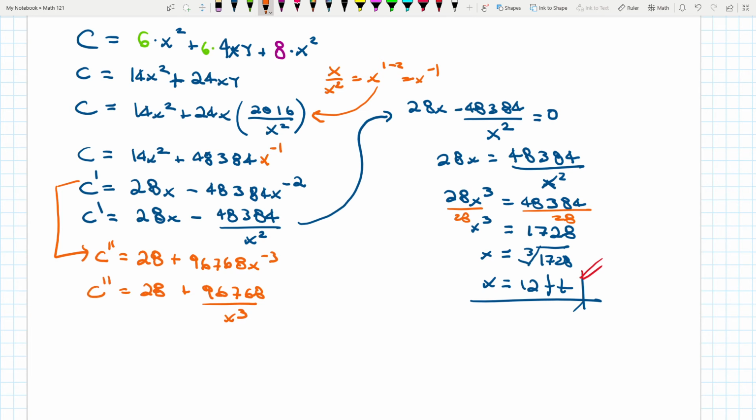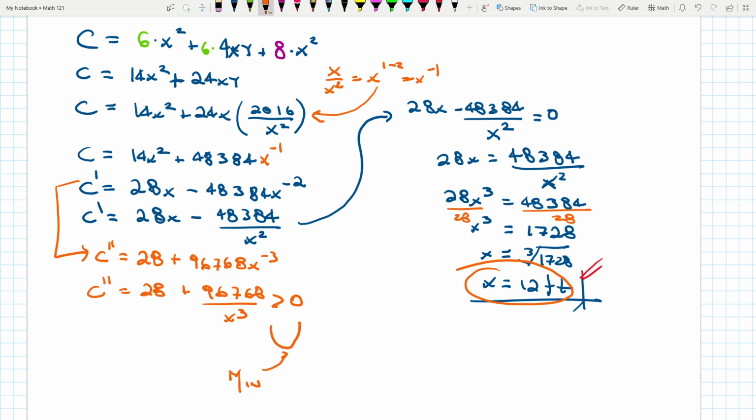Now for positive values, because for geometry problems we care about positive values, plug in any positive value for x cubed. This second derivative will always be positive. What happens when the second derivative is positive?